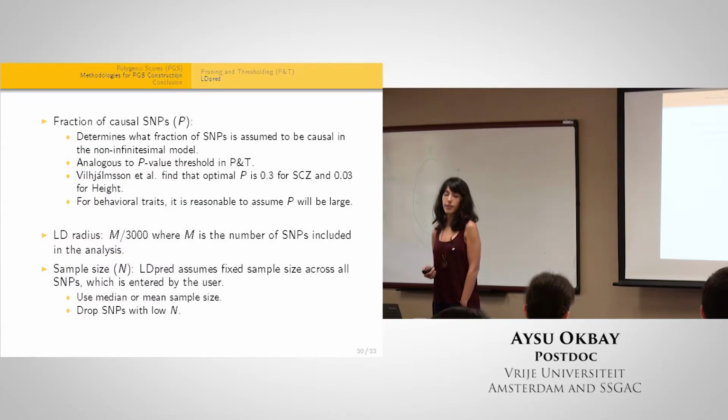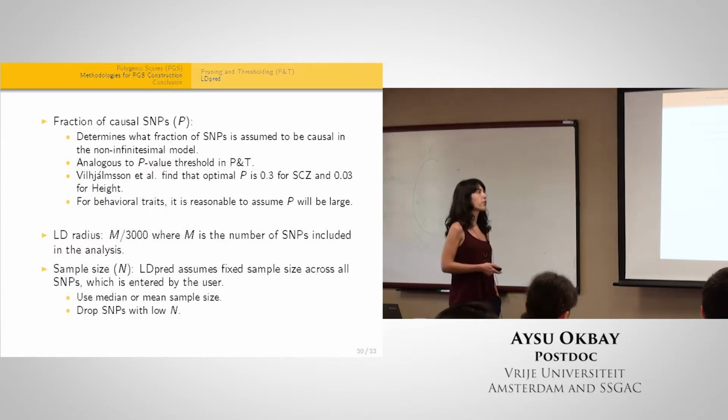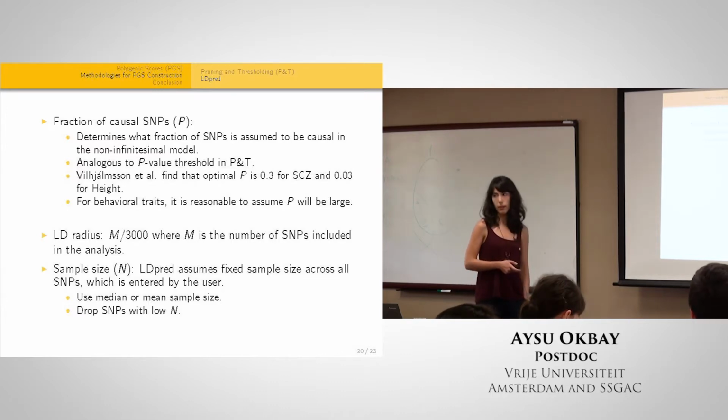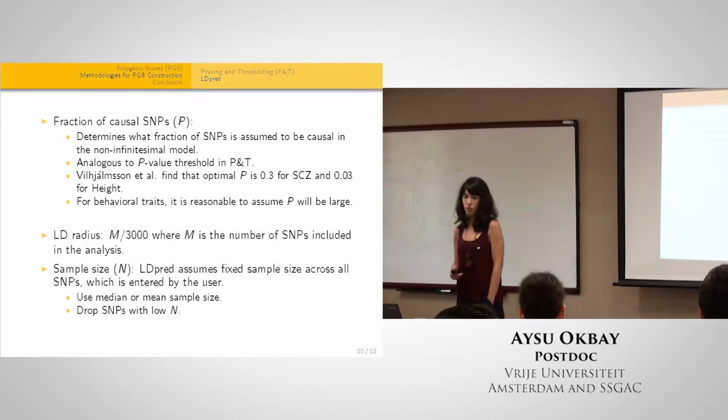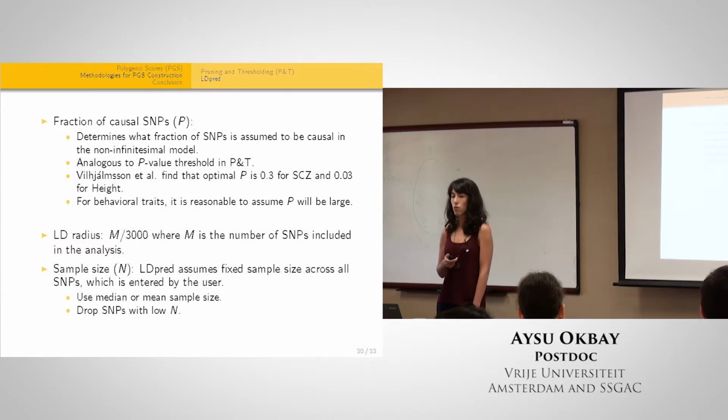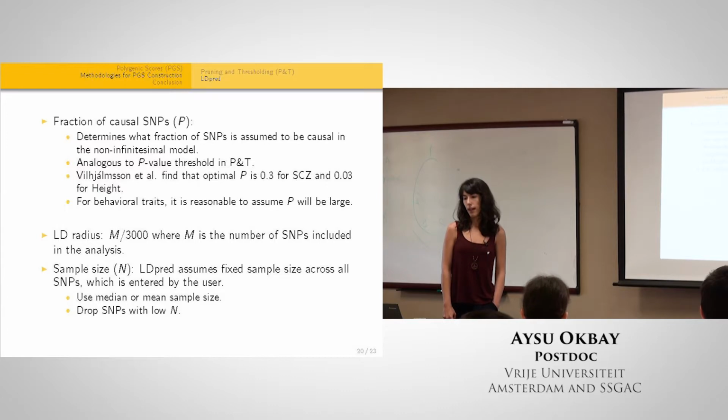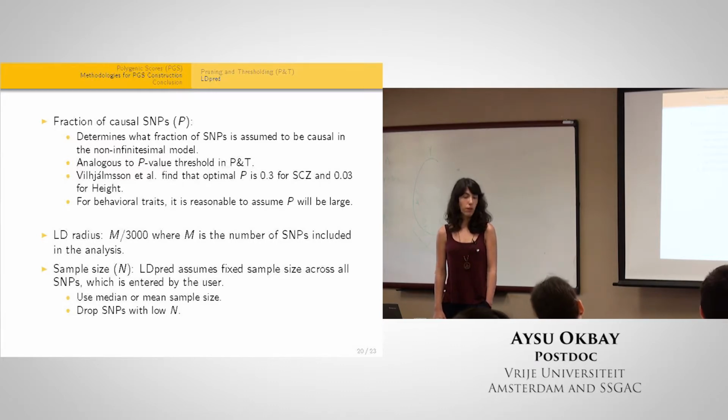Okay, LDpred parameters. There's a fraction of causal SNPs parameter that you have to enter. This is basically analogous to the p-value threshold in the pruning and thresholding. It determines what fraction of SNPs is assumed to be causal in a non-infinitesimal model. In the paper, they find that the optimal fraction of causal SNPs is 0.3 for schizophrenia, 0.003 for height.